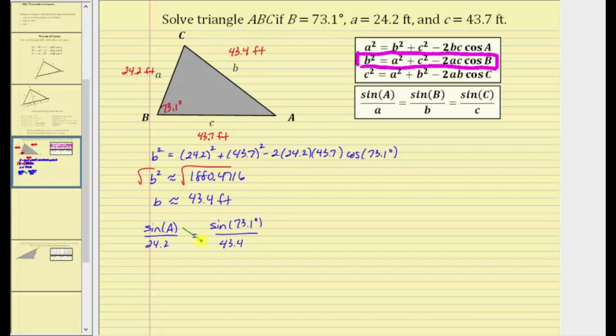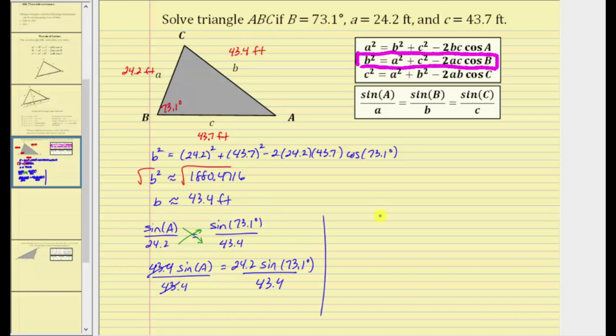And now let's cross multiply and solve for sine A, and then solve for angle A. Cross multiplying, we have 43.4 times the sine of angle A equals 24.2 times the sine of 73.1 degrees. And now we divide both sides by 43.4.